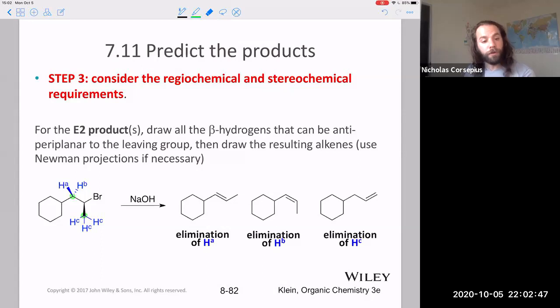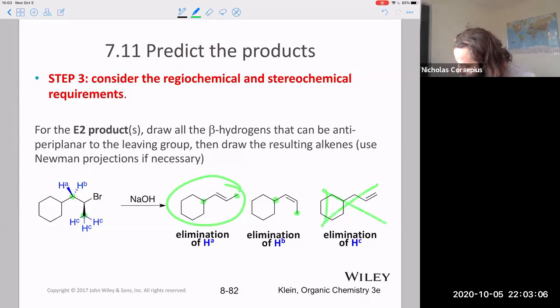Now that you know you have a mixture of these, what's your consideration going to be? Which one is the most stable? Take a second and see if you can figure out which one of these is going to be the preferred elimination product. It should be this one here, because this is 1,2, just like this one's 1,2, so I can eliminate that. And then trans is going to be more stable, or rather, when your big bulky groups are on opposite sides, that's the more stable alkene.